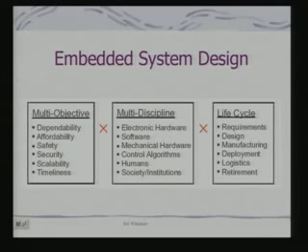So, if we look into the global picture for an embedded system design, just look at the themes which are involved. It is multi-objective. Why? Because we have just tried to list some of these objectives: dependability, affordability, safety, security, scalability, timeliness.